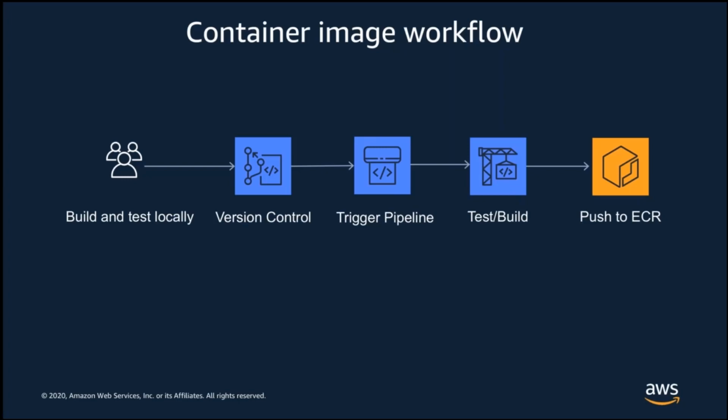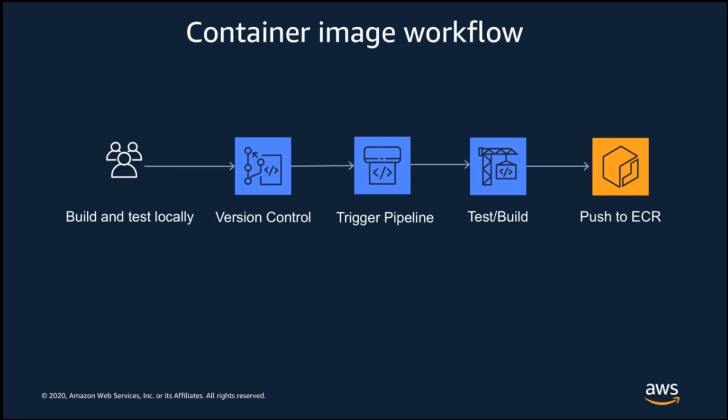Now, a container registry or repository can either be self-hosted or a managed service like Amazon Elastic Container Registry, ECR. From here, a container can be run from the Docker image that's stored in ECR.